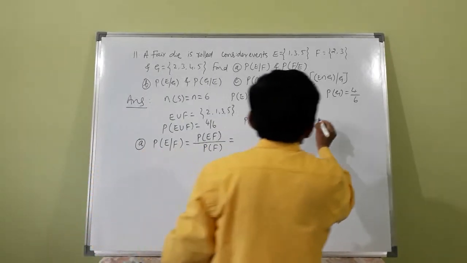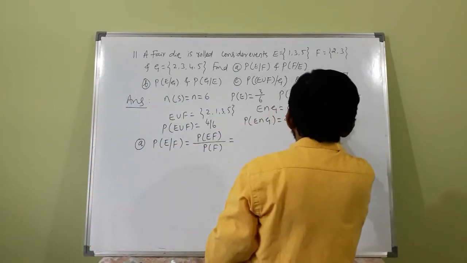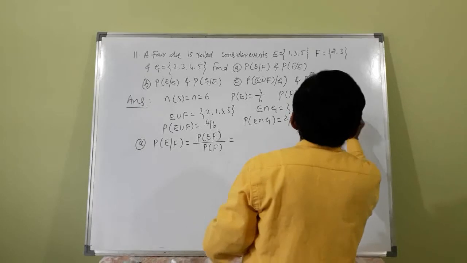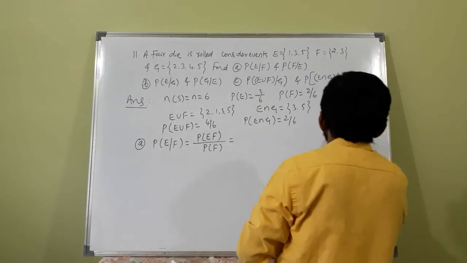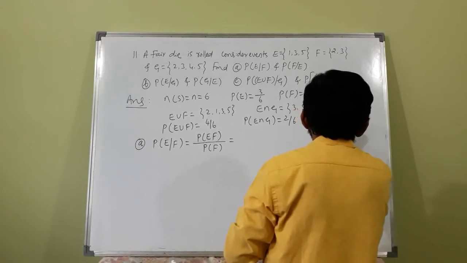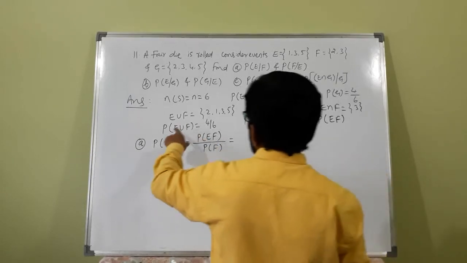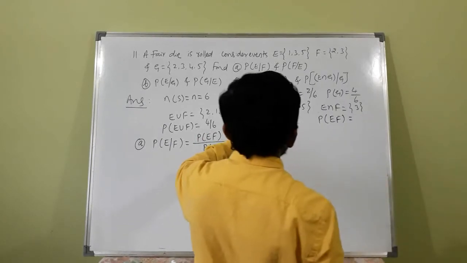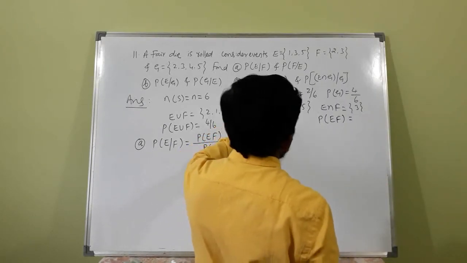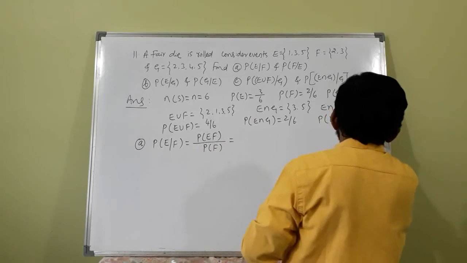So E intersection F is 3 only, and its probability is 1 by 6.